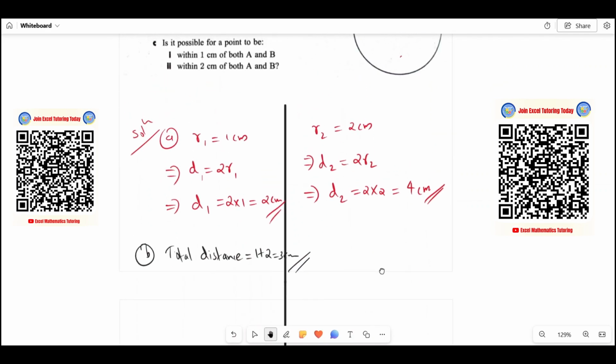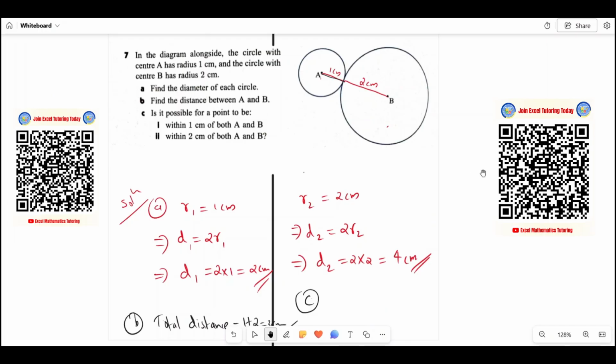Now coming to the next one. In question C, they are asking, is it possible for a point to be within 1 centimeter of both A and B? This generally means any point we can make so that it should be within 1 centimeter.